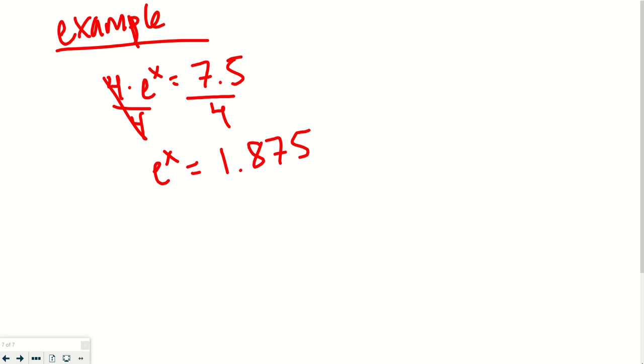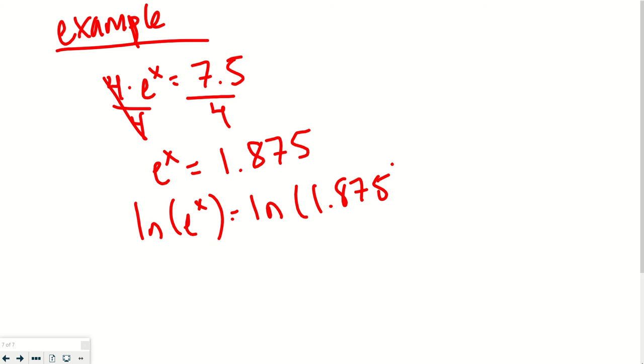Okay. Now, what would be the inverse for something having a base of e? Well, it would be the natural log. And whatever I do to one side, I have to do to the other. So natural log of 1.875. Okay. So now I have x equals, it'll make this go away, now I have just x.